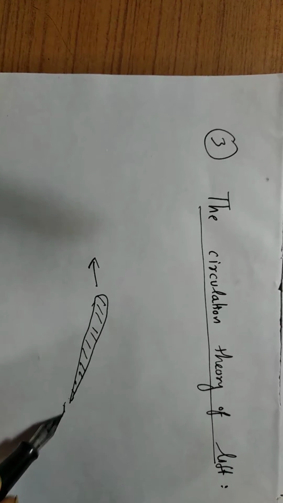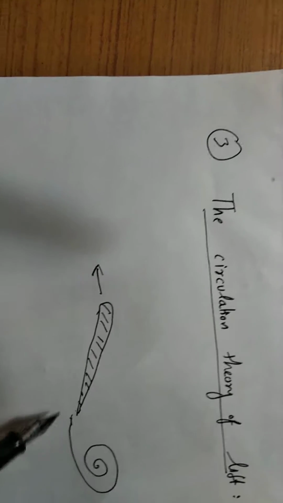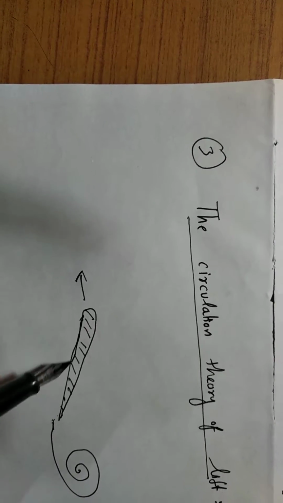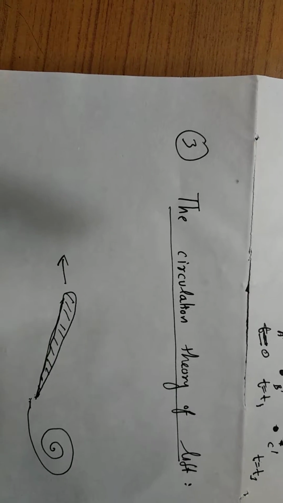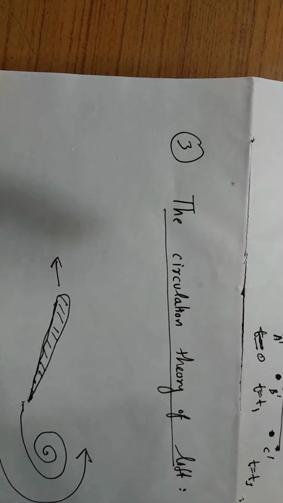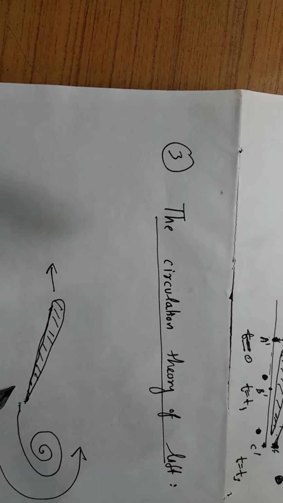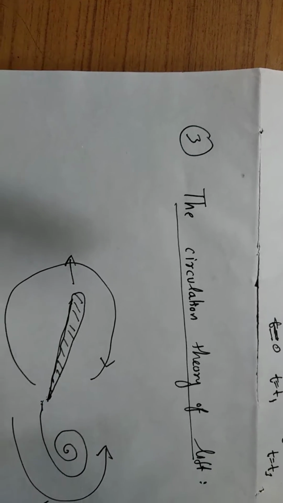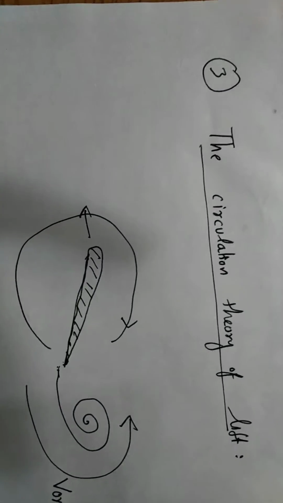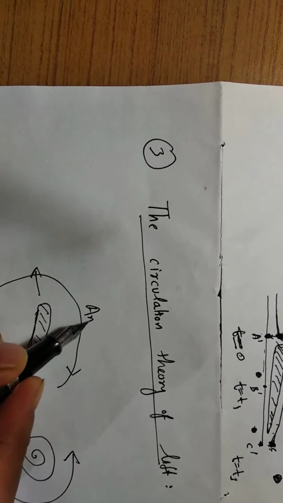Once the wing begins to start at a finite angle of attack, there is a vortex generated. If this vortex is counterclockwise, there is an anti-vortex generated. So we call it vortex here, and then you have the anti-vortex.